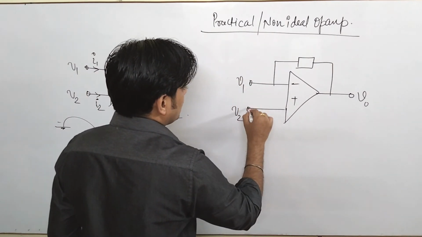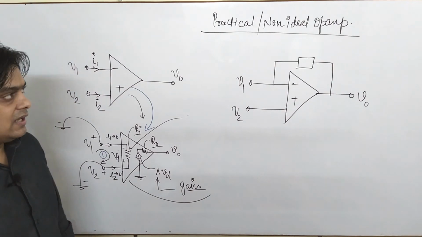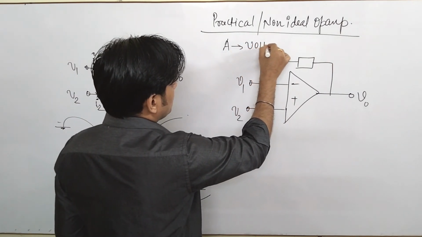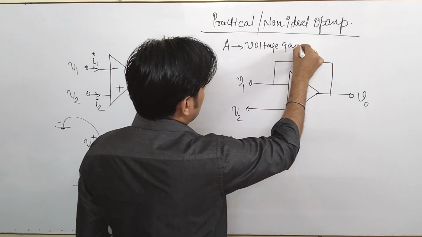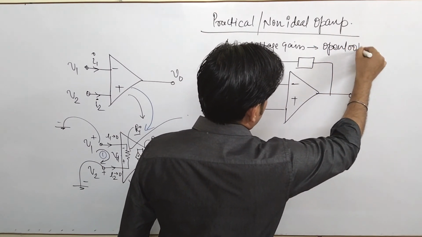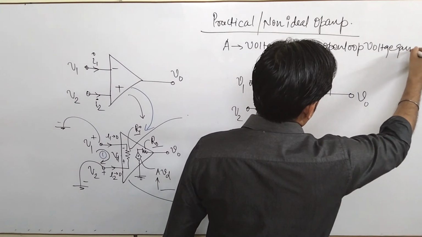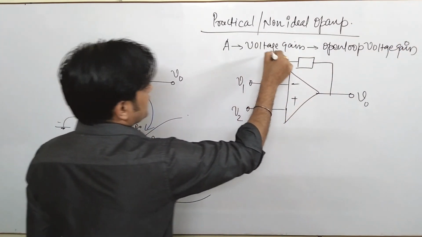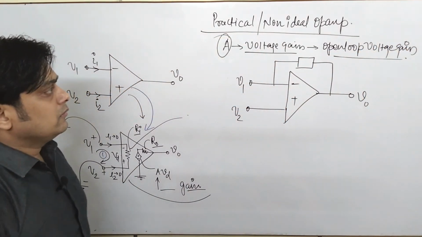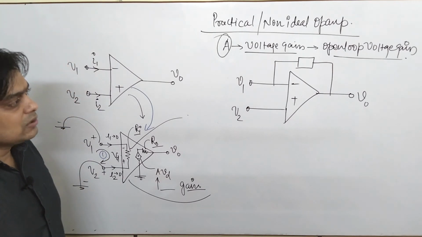As I said, the open loop voltage gain A, which I called voltage gain, or you can say open loop voltage gain or open loop gain. Different words are there. So voltage gain or open loop voltage gain, this is known as your A. For an ideal op-amp, A is very high, that's why it cannot be used directly.